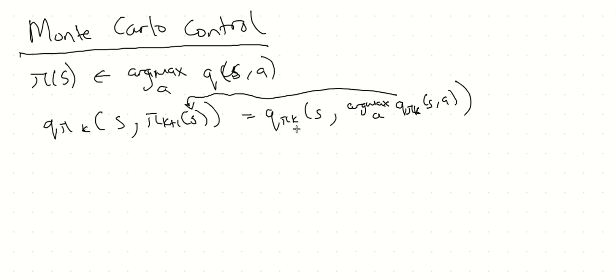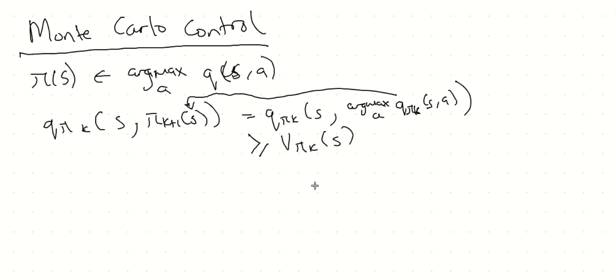So according to the policy improvement theorem, this should be greater than or equal to v_{pi_k}(s), right?